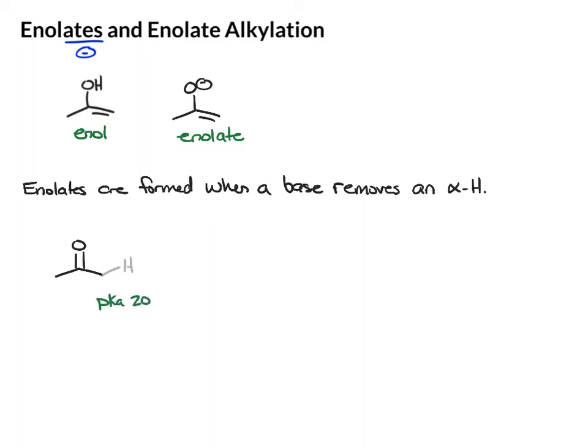The pKa of that is about 20. If you take a base and add to this, that alpha proton's the most acidic proton in the molecule. So what will happen, that base will take that proton and we'll put the negative charge on the alpha carbon.